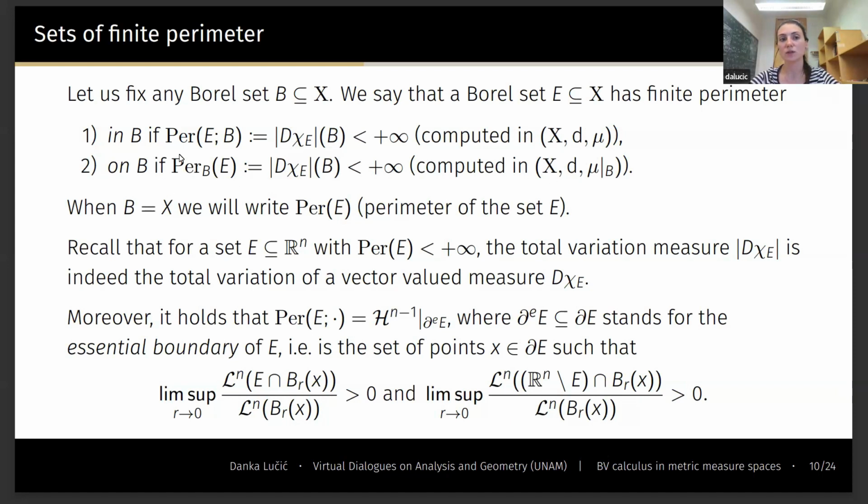And these are two different notions, and you can see that they are different by directly looking, for instance, at taking the set B to be a closed set and taking the set E to be B itself.